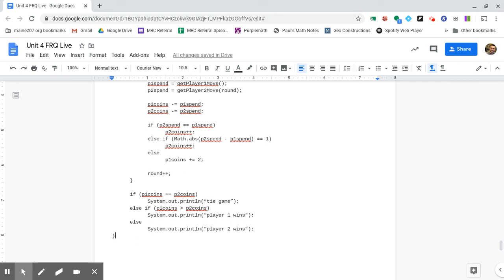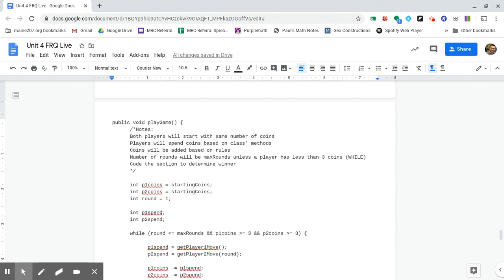So big things that I would say that you should be taking away from this one when we came up with our notes: understanding how a game works, right? Knowing that both players are going to start with the same number of coins. Players are going to spend coins. You have to use the methods to figure out how much they're going to spend. So that's what we did down here.